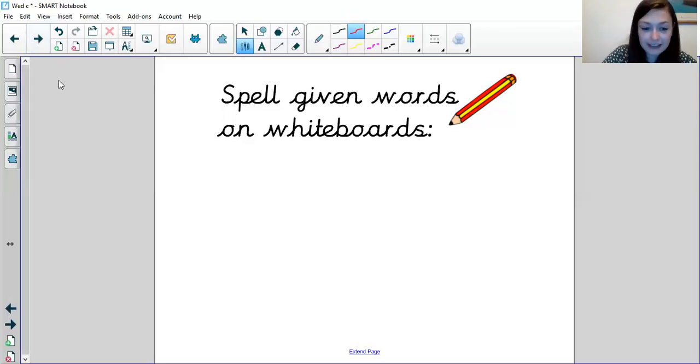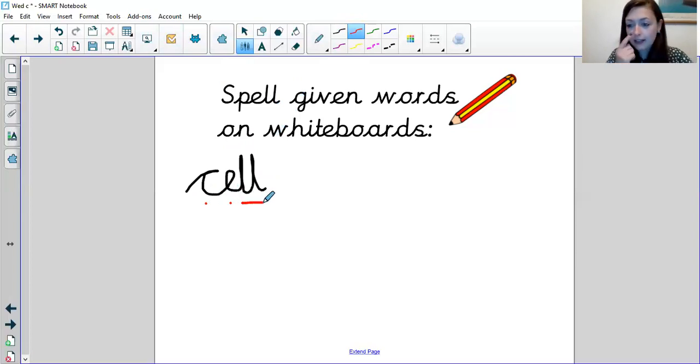All right, let's see how you did. So we want to write the word cell to begin with. So we need C, E, L, L. Let's put the sound buttons on. S, e, l, cell. So our next word was acid.